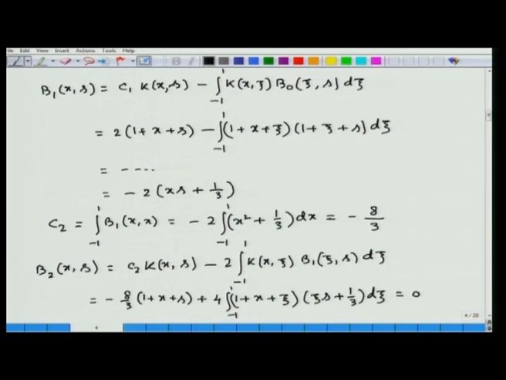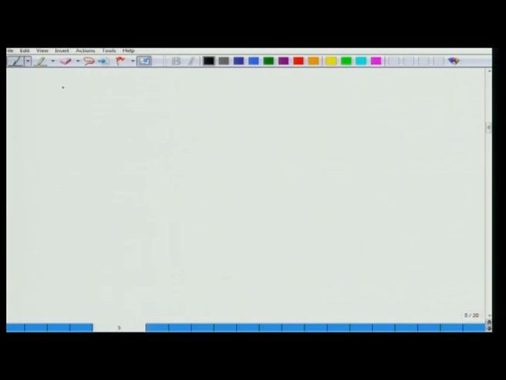Now, once you have B2(x, s) equal to 0, therefore C3 is equal to the integral from -1 to +1 of B2(x, x) dx, and this should be equal to 0.